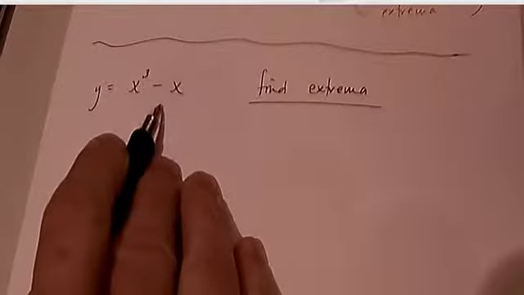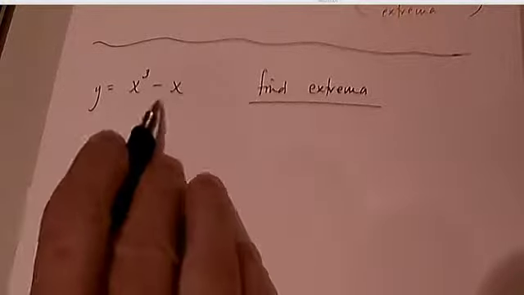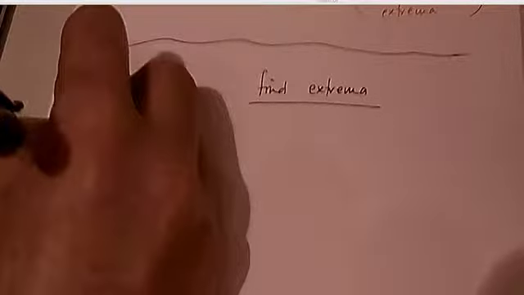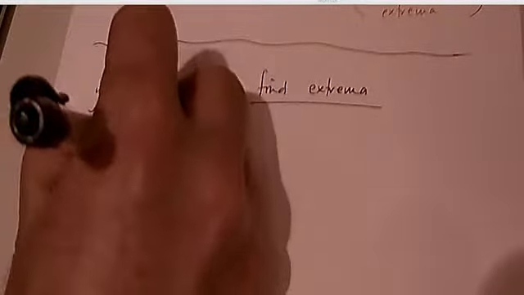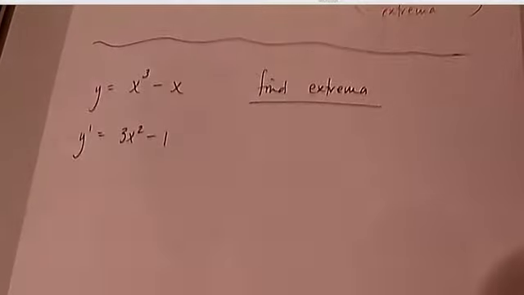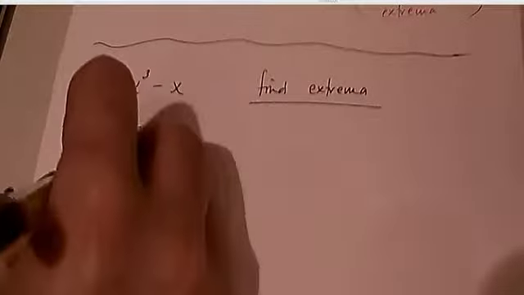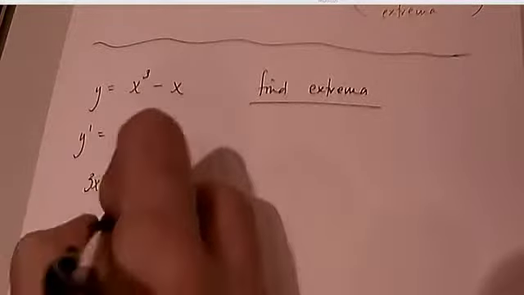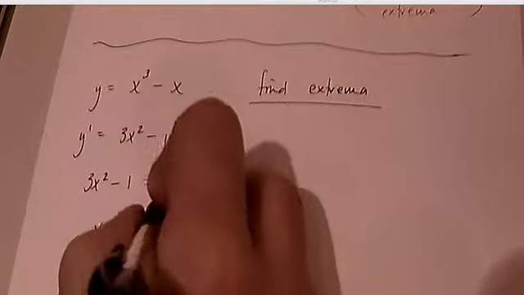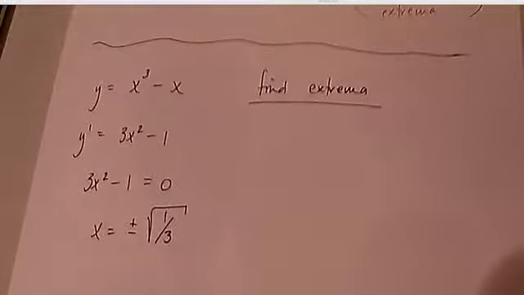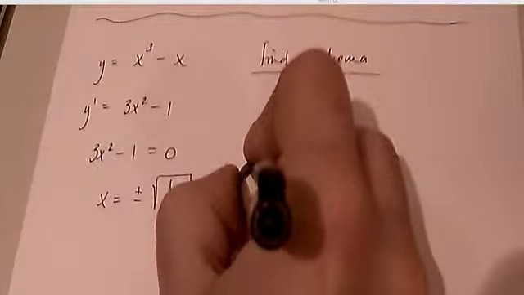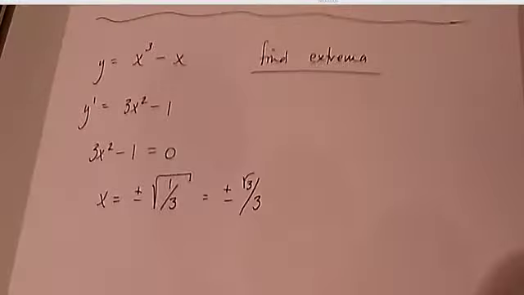So I know I'm not going to be looking for values where the derivative is undefined. I'm going to be looking for where the derivative is equal to 0. Okay? Well, the derivative is equal to 0 at x is equal to plus or minus the square root of 1/3. Okay? And of course, that would be root 3 over 3.